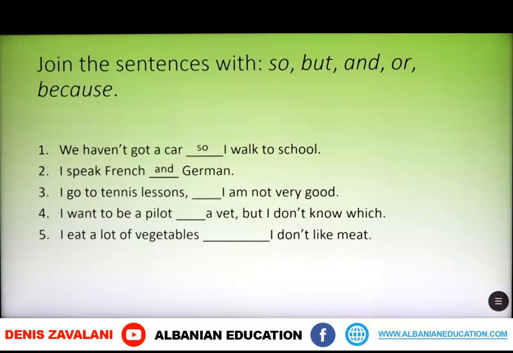We add information. Third one, I go to tennis lessons, but I'm not very good. Fourth one, I want to be a pilot or a vet, but I don't know which. Fifth one, I eat a lot of vegetables because I don't like meat.